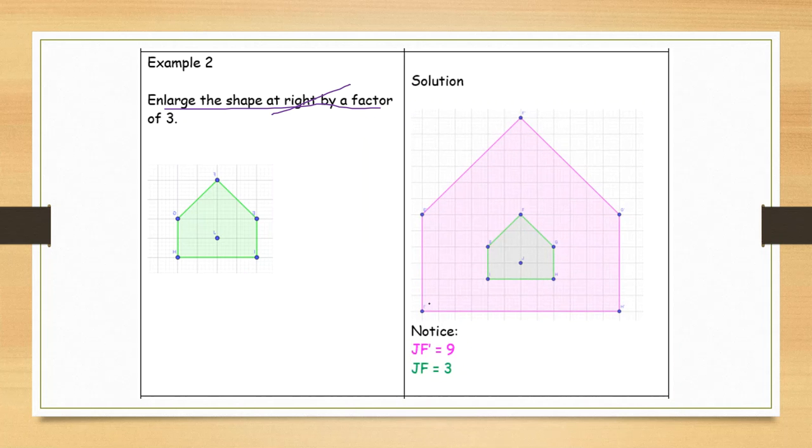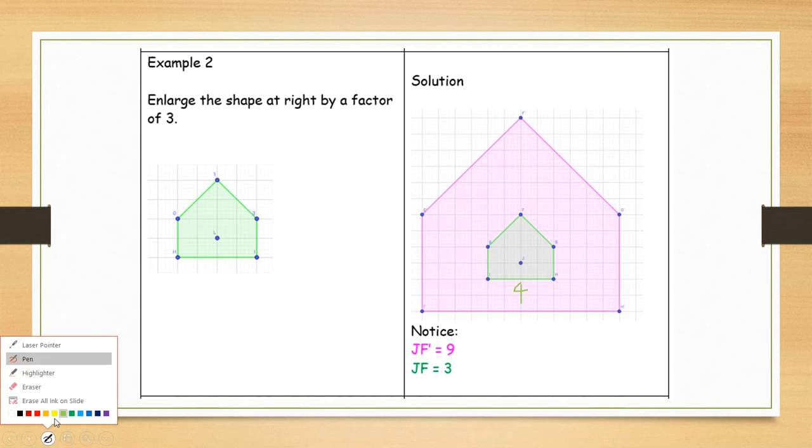So you can see here 1, 2, 3, 4, 5, 6, 7, 8, 9, 10, 11, 12. This side's 12. This one's 3. And 12 divided by 4 is 3.